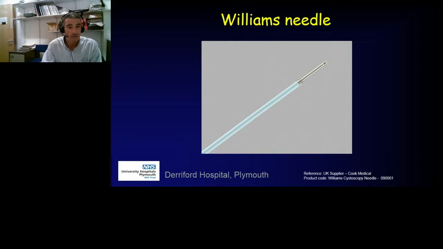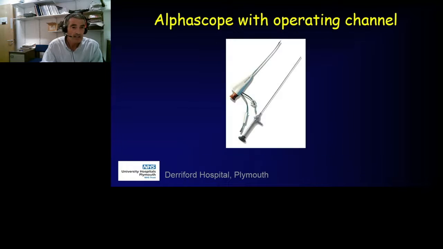So that's just a picture of the Williams needle with the 8mm tip. The way that's designed is that you can't go too deep, and it doesn't perforate through the top of the uterus. So people should be reassured that it works really well, that needle, and it is quite flexible. And in our unit, we use an alpha scope with an operating channel.